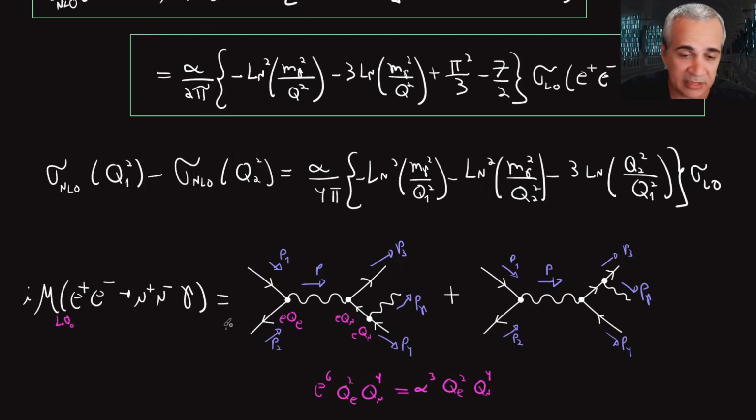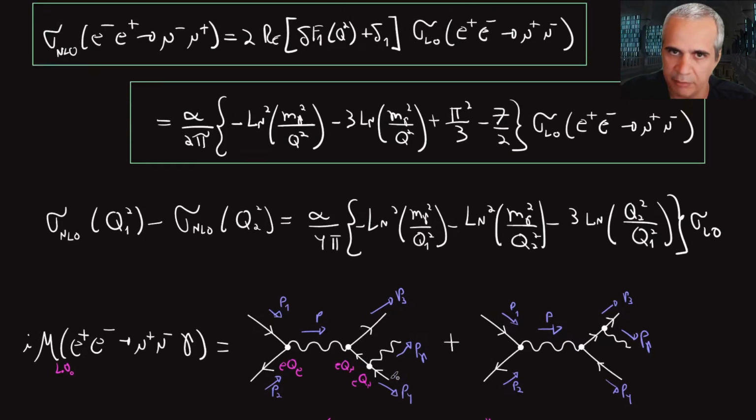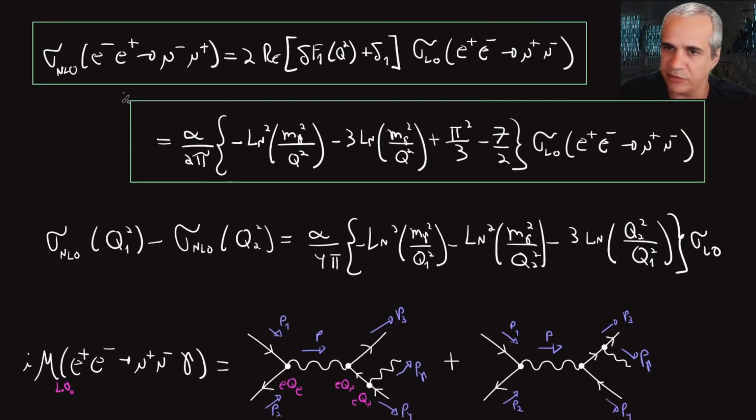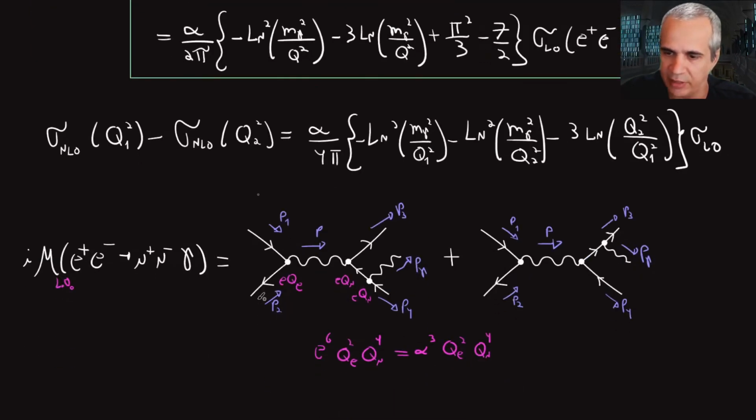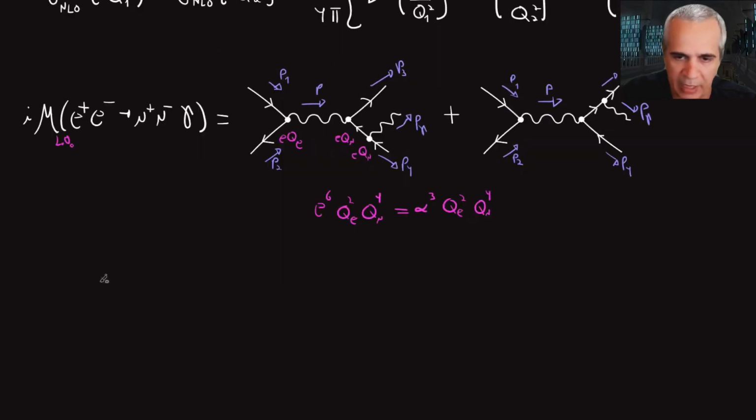Now, this is the leading order for this process, but look at the next to leading order thing that we calculated here. We got it by multiplying M gamma dagger times M0 plus complex conjugate, right? And this one we choose to look at just the part that is alpha square QE Q mu cubed.